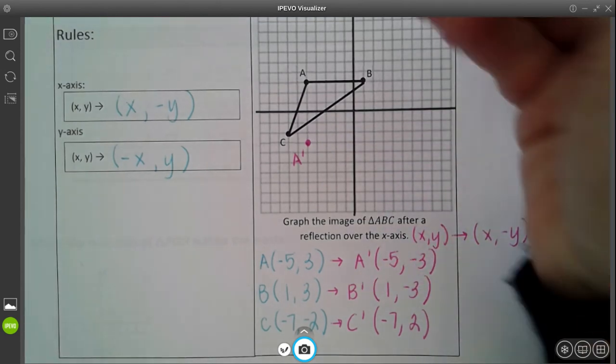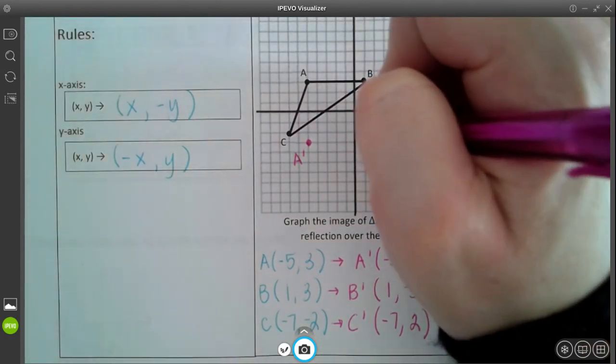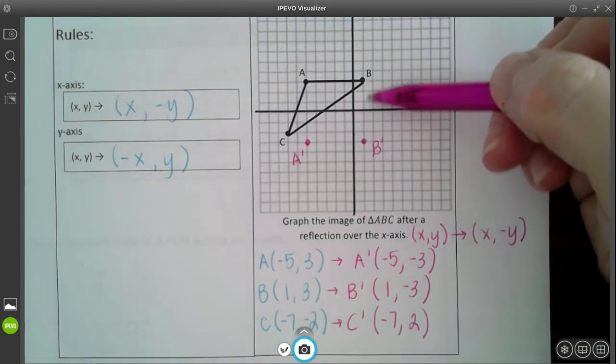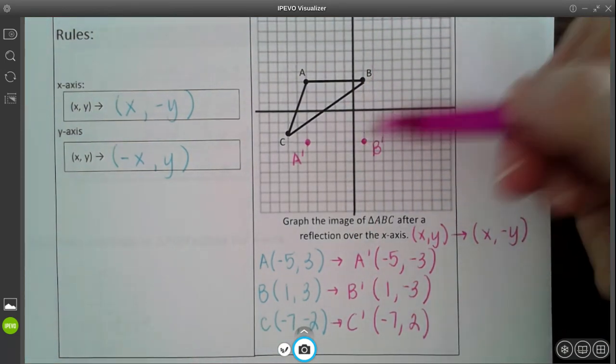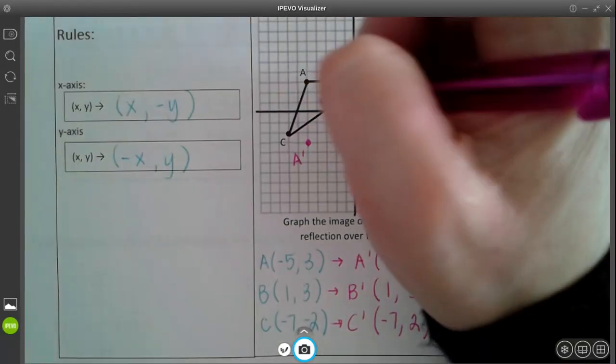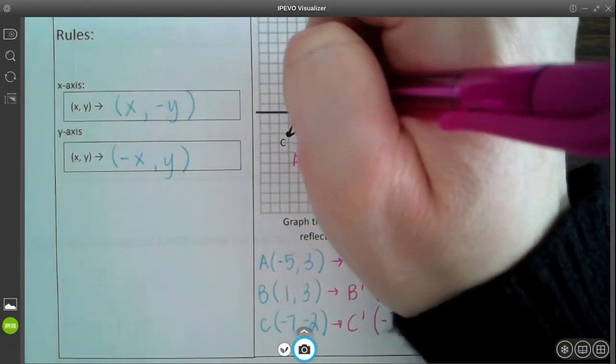Okay, B prime is at 1, -3, which is here. And again, you're going to notice that B is 3 units above the x-axis and B prime is 3 units below. And then we have C prime at -7, +2.